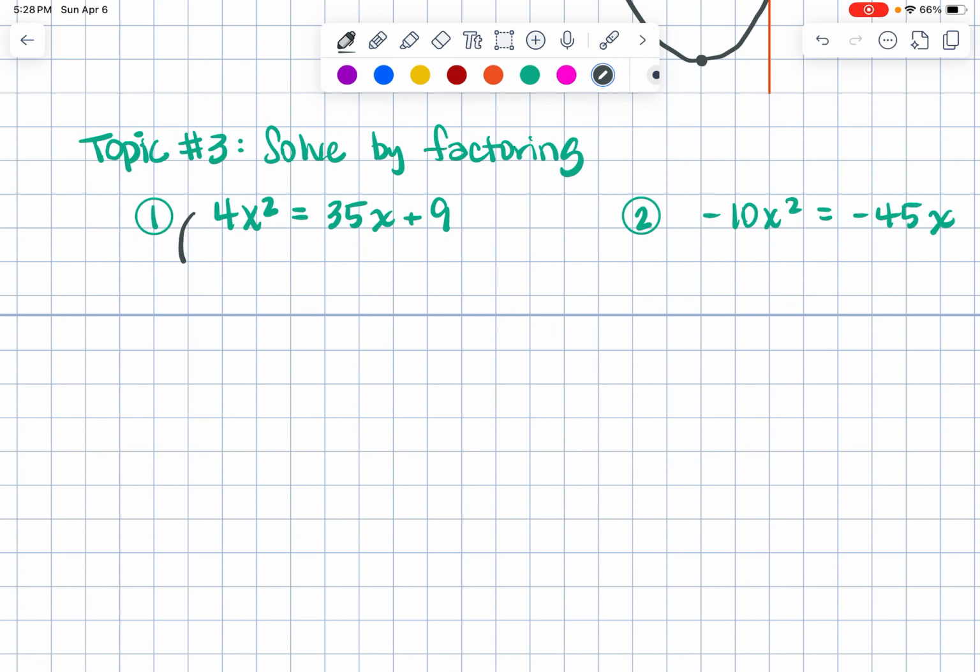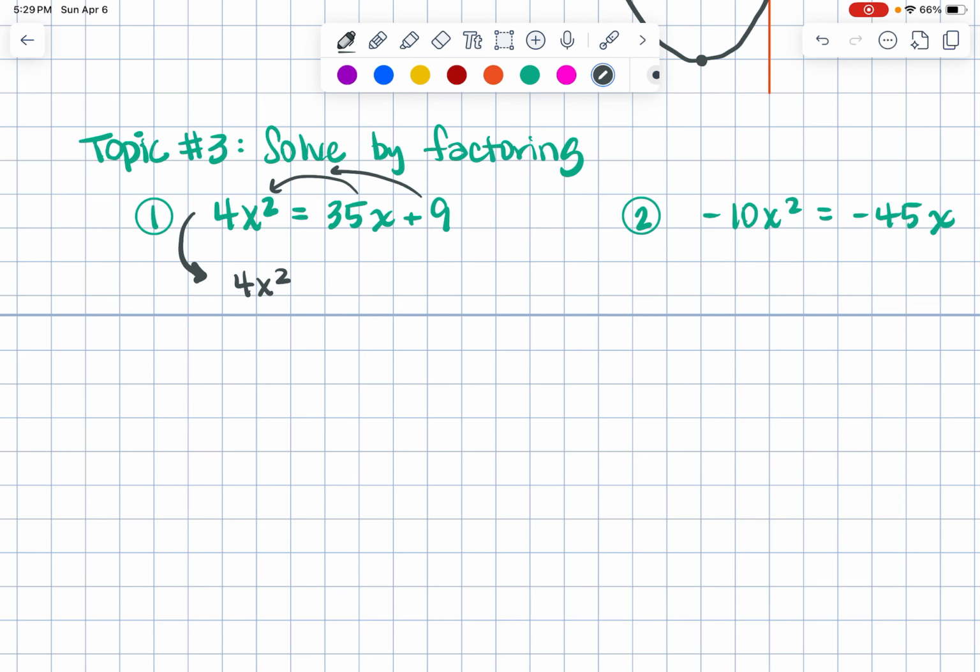So I'm definitely going to take this 4x squared equals 35x plus 9, and I want to get it set equal to 0. Now, the other kicker is if I'm factoring, I never, ever want my x squared or my first term to be negative. So the fact that my x squared term is already a positive 4x squared, I'm going to leave it on the left exactly where it is, and I'm going to bring the positive 35x and the positive 9 to the left side of my equation to join it.